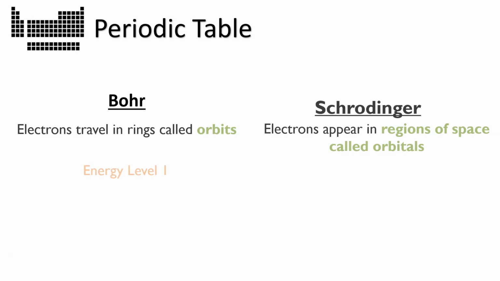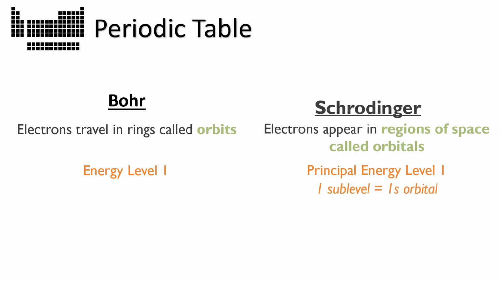So this is where it gets a little more specific. In the Bohr model, there was energy level 1, that first circular ring of electrons. Schrödinger has that too. He just calls it something else. Instead of energy level 1, he refers to it as the principal energy level 1. So it's not much of a change, but a change nonetheless.